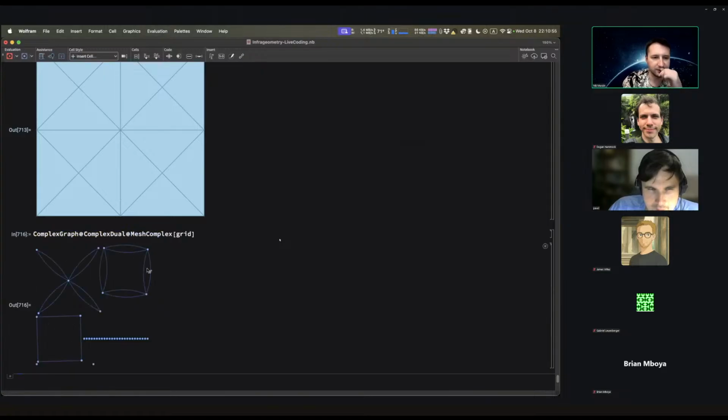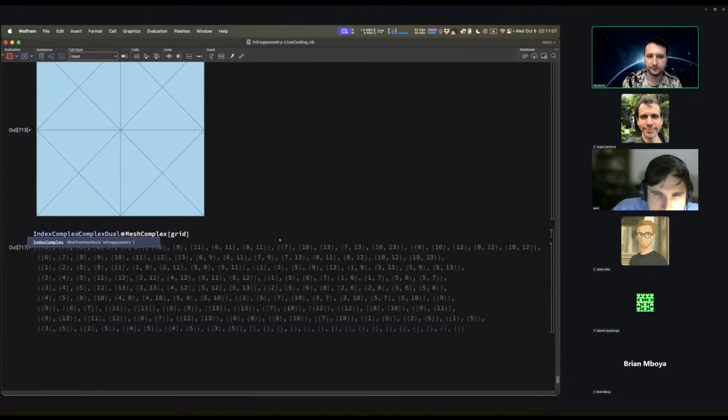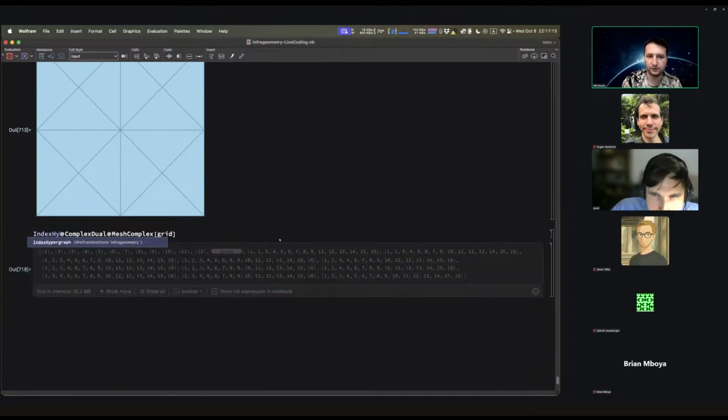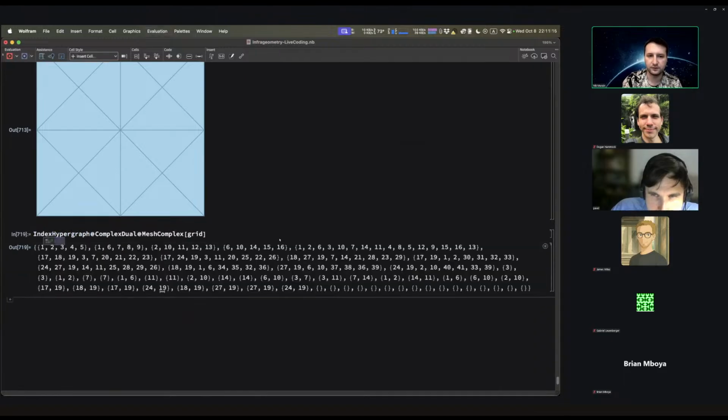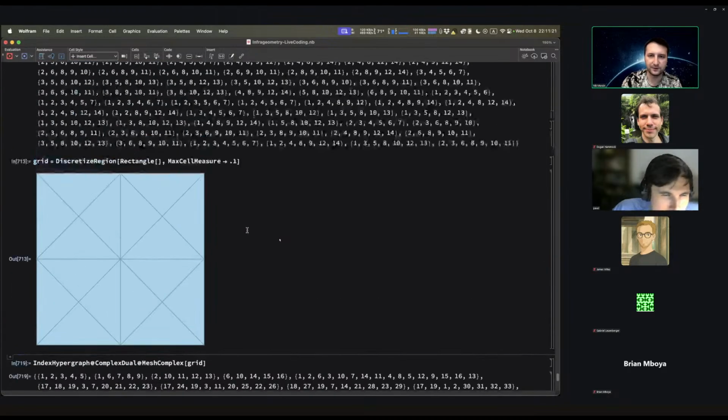Oh, there are some empty lists in there. And if you close it, it's kind of horrible. Yeah, it's a bad definition. We need to figure out the proper one.